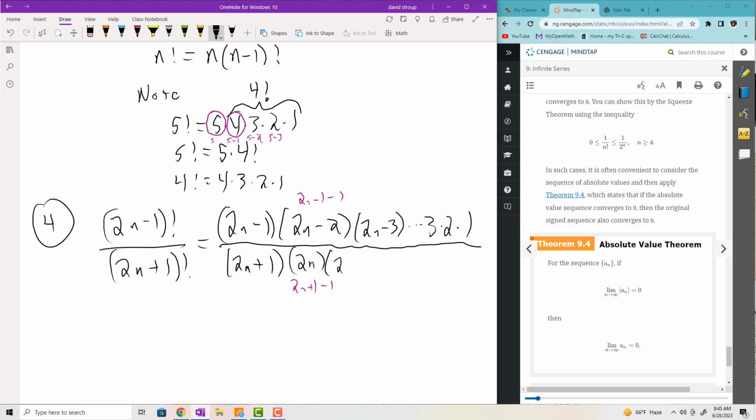And then subtract another one, 2n minus 1, and then you keep on going all the way to 3 times 2 times 1, and you look for a cancellation between the top and bottom. So it looks like all of this will cancel with this stuff, and so you're just left with 1 all over 2n plus 1 times 2n.